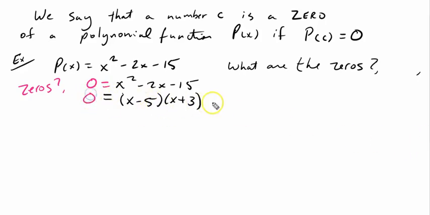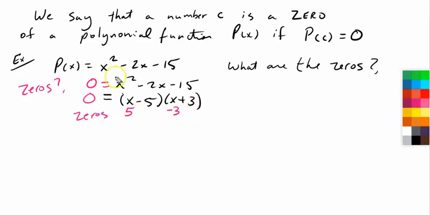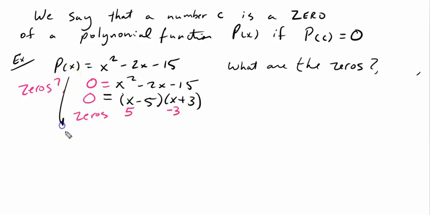And so we can see straight away, when it's in factored form, what's going to solve this? Well, if x is 5 and if x is negative 3. Because if x is 5, it's going to make the whole thing equal 0. So my zeros are 5 and negative 3. And in fact, what is P evaluated at 5?